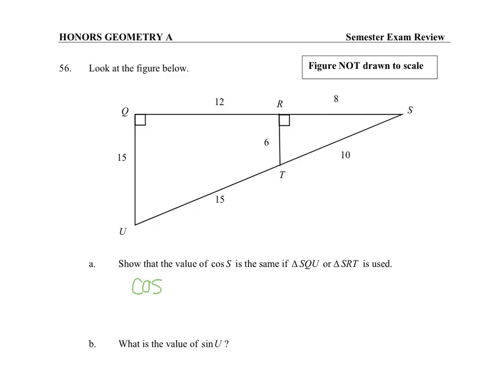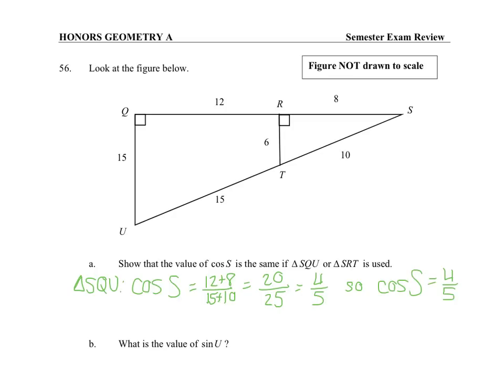Well, cosine of S, when I use triangle SQU, which is right here, is going to be my adjacent, which is 12 plus 8, over my hypotenuse, which is 15 plus 10. 12 plus 8 is 20, 15 plus 10 is 25, and if I divide my numerator and my denominator by 5, I'd get 4/5. So the cosine of S is going to be 4/5.